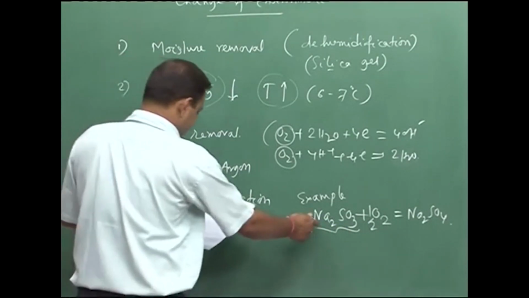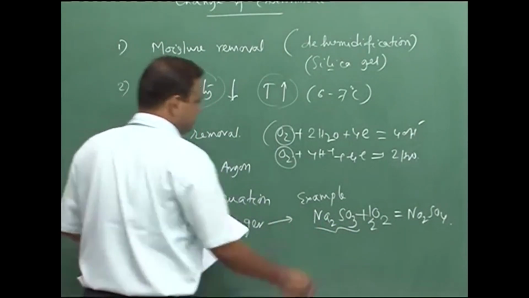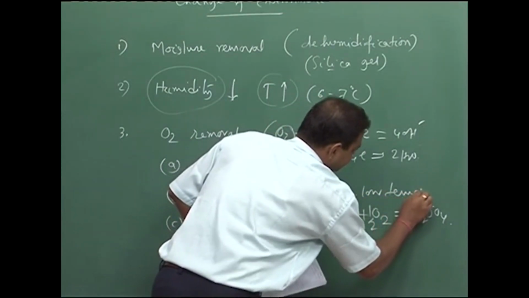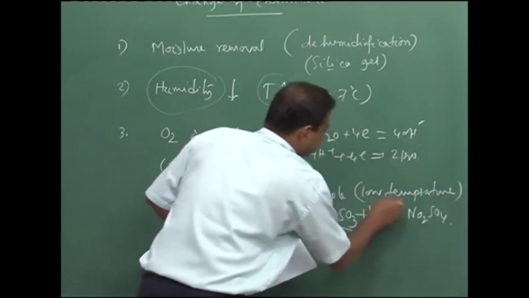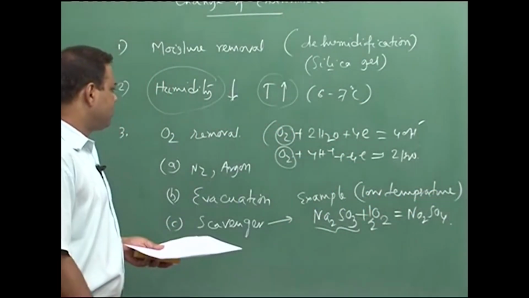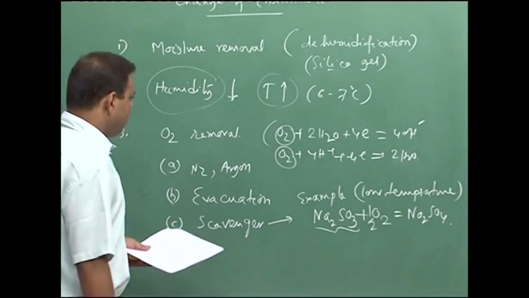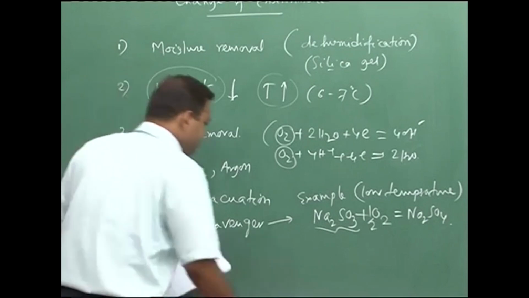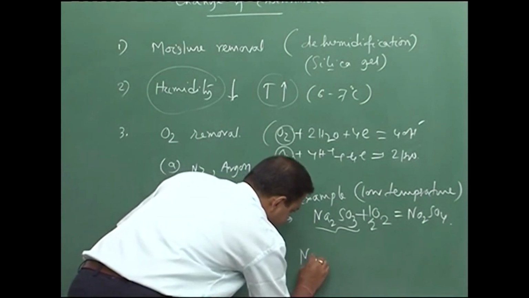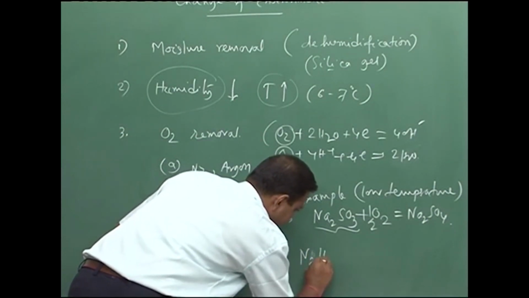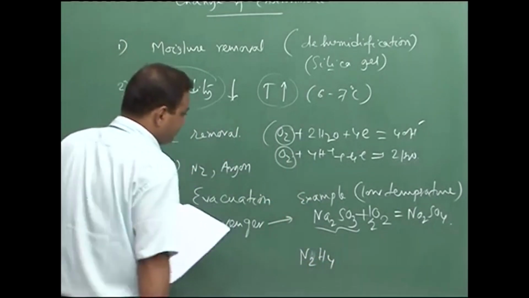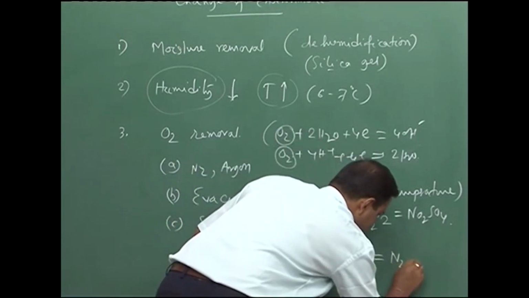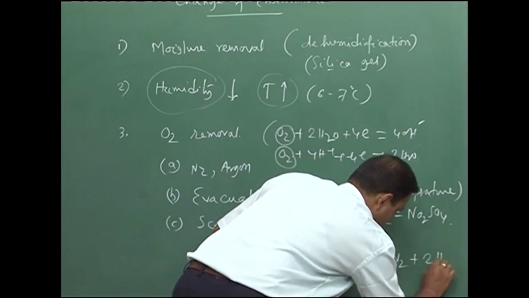This is added at low temperature. This scavenger would be very good in removing the oxygen. At high temperature we can add hydrazine, N2H4, which will also react with the dissolved oxygen and form nitrogen gas and water.